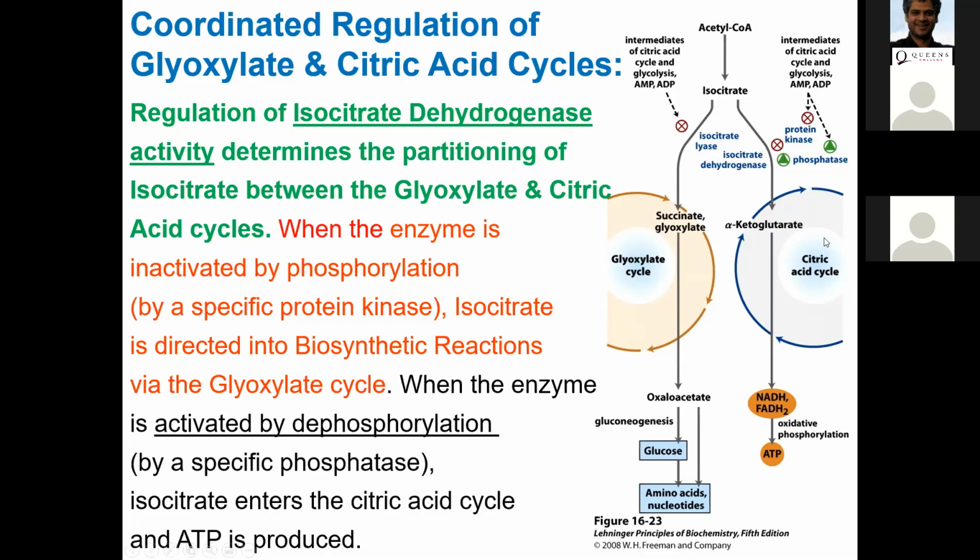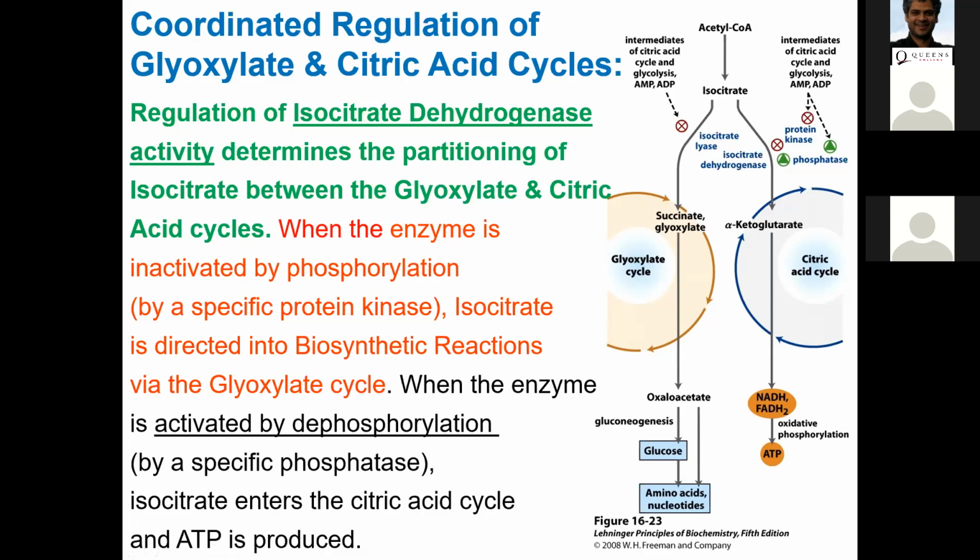It turns out that the enzyme that actually regulates how isocitrate gets partitioned is isocitrate dehydrogenase. Okay, so that's the enzyme that gets very tightly regulated.